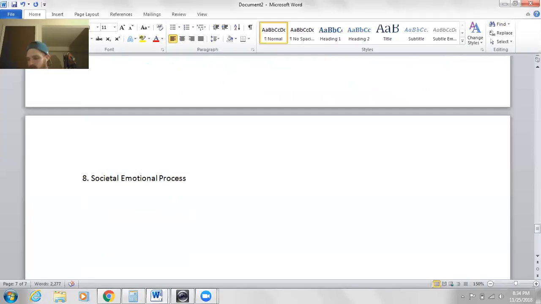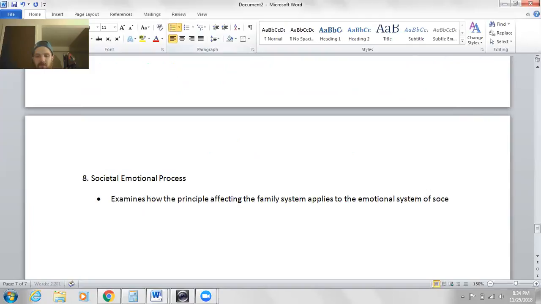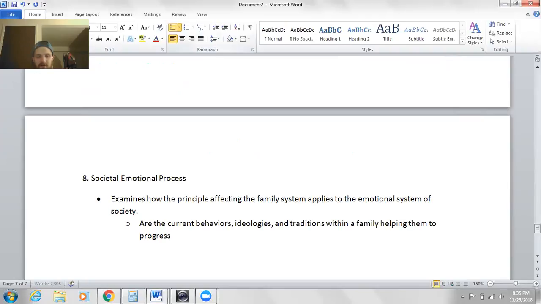This involves examining how the principle affecting the family system applies to the emotional system of society, which basically is saying, are the current behaviors, ideologies, and traditions within a family helping them to progress or regress from generation to generation.